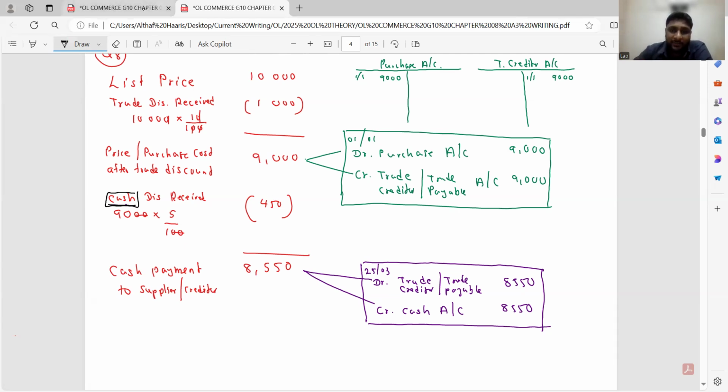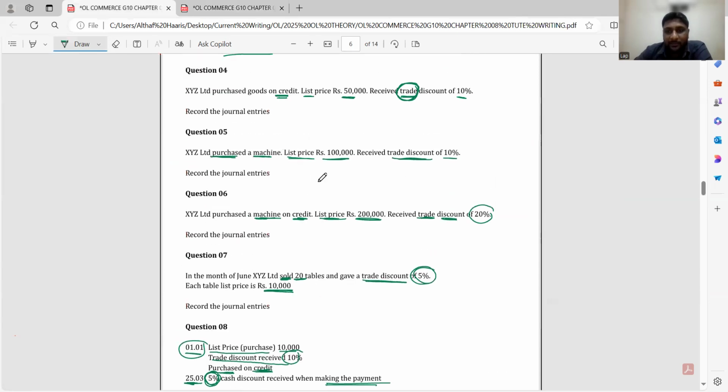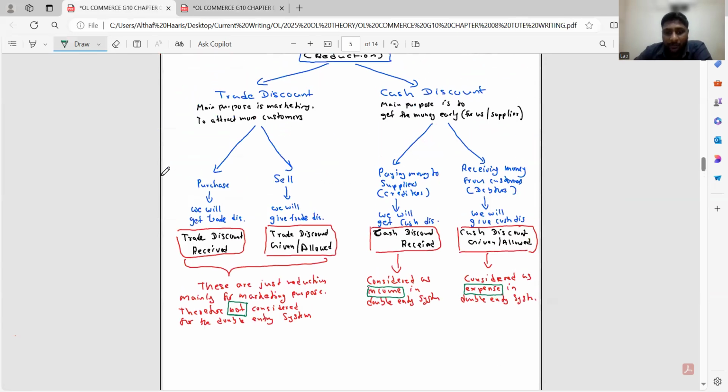Look at the note. Cash discount received will be considered as income.